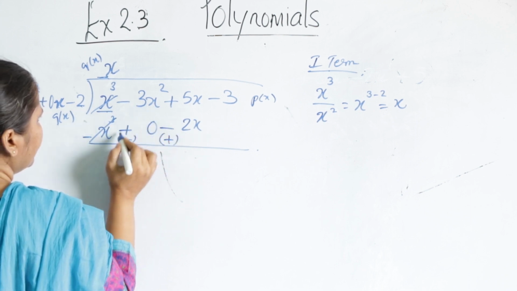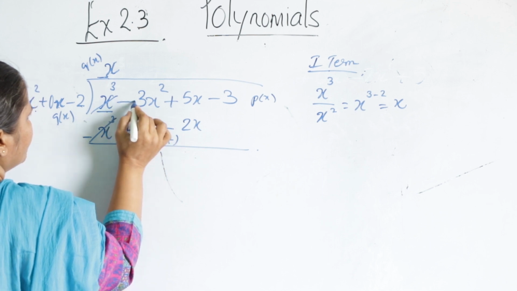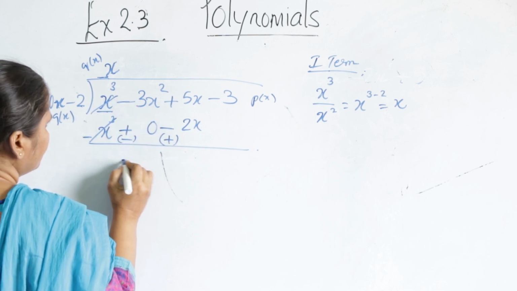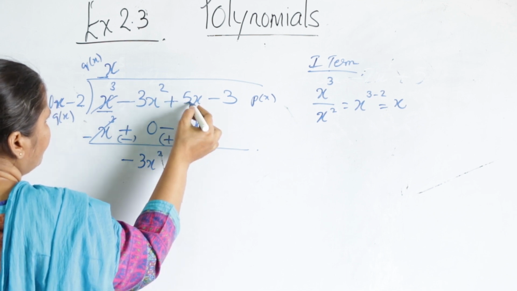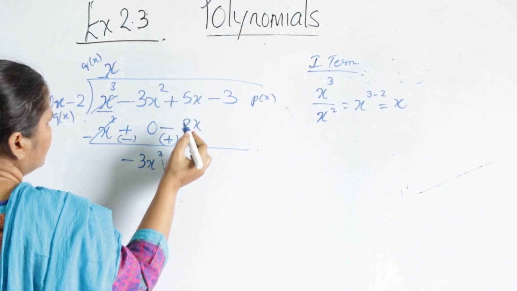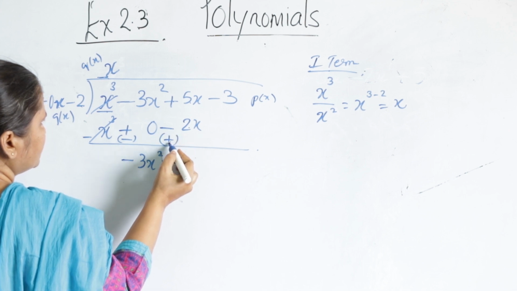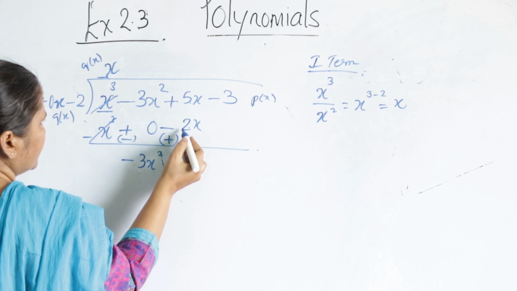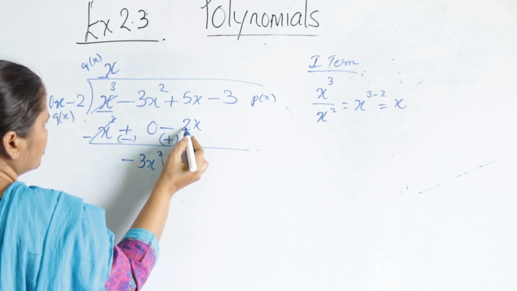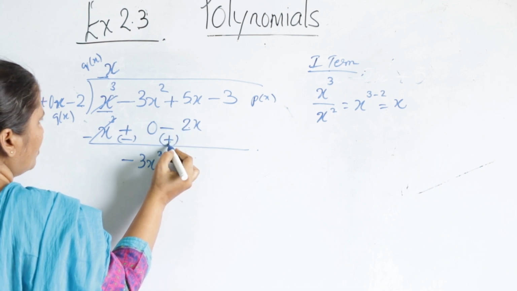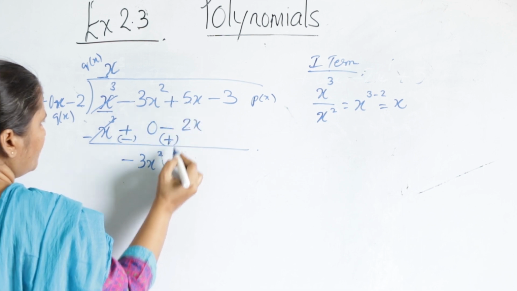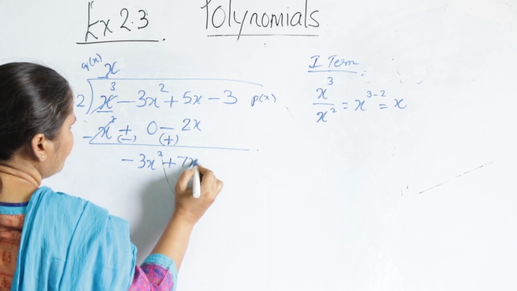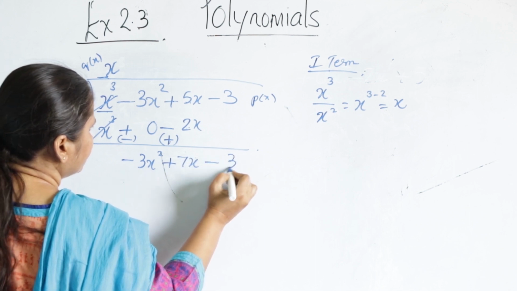Just ignore this part. We have minus 3x here. Minus 3x square. Then plus 5 plus 2. Now this minus has changed to plus now. So you consider it as plus 2 and not minus 2. That's what is called changing of sign. This is plus 2. So plus 5 plus 2, plus 7x minus 3.